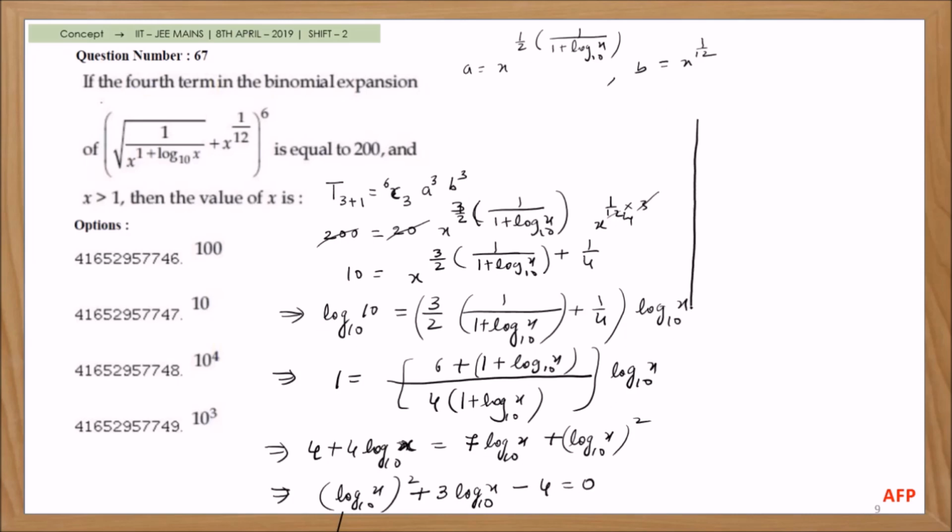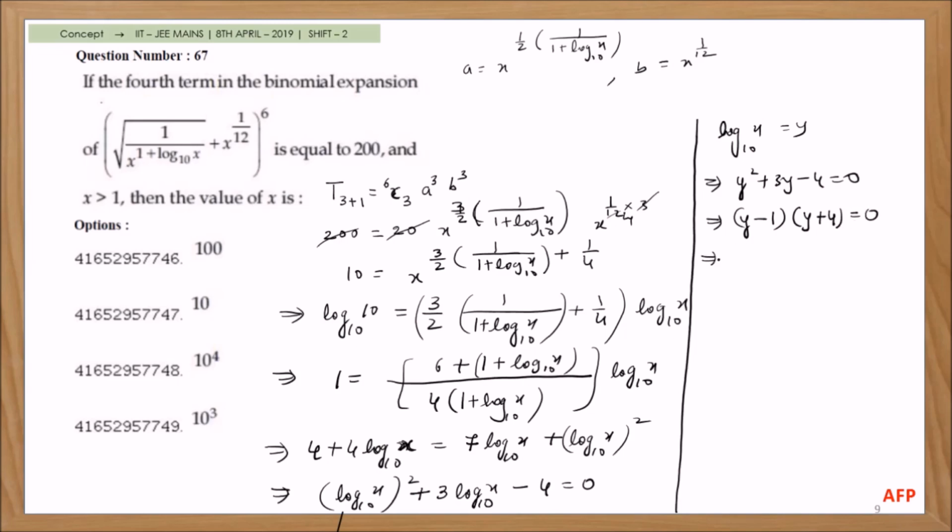So here we got one quadratic equation. Log x to the base 10 we will take as y. So this implies y square plus 3y minus 4 is equal to 0. Here roots are y minus 1, y plus 4 is equal to 0.